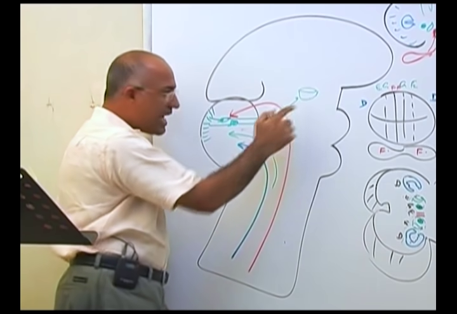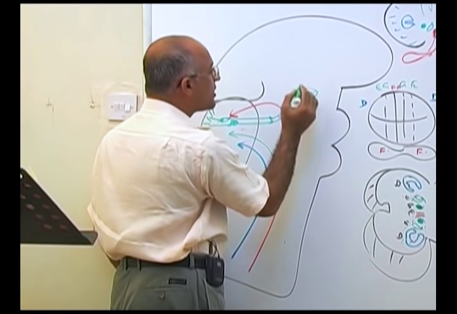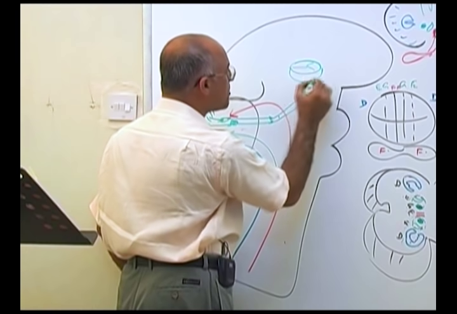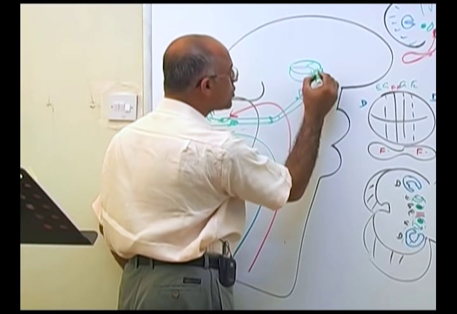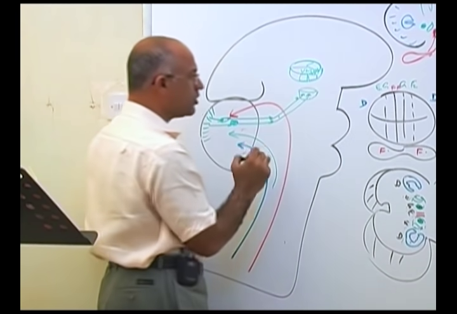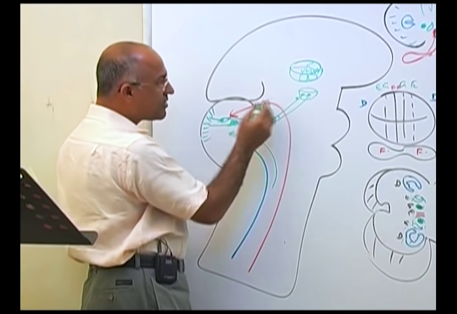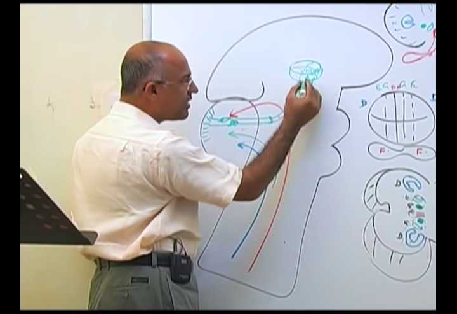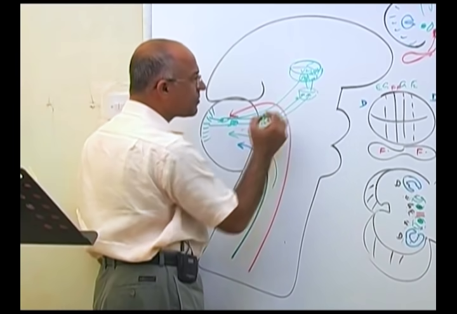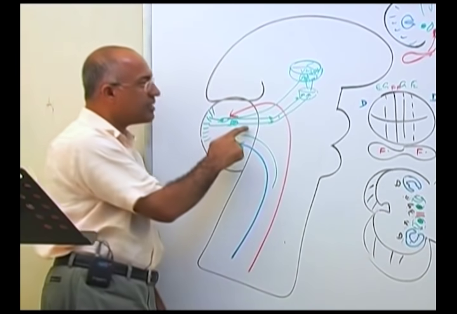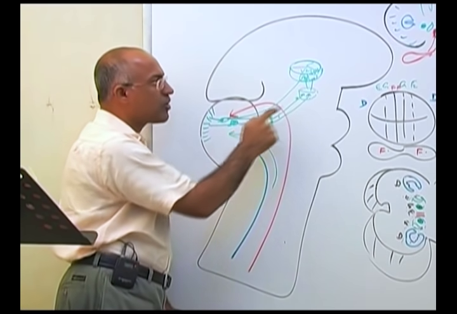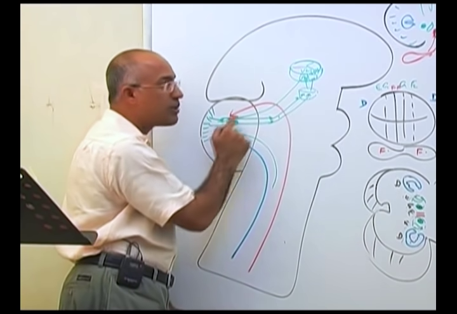Cerebello-rubral fibers, and some of these fibers go to the thalamus, the anterior nucleus and ventrolateral nucleus of thalamus, right? Some fibers go to the red nucleus, and some fibers go directly there. So how will you call them? Cerebello-rubro-thalamic fibers or cerebellothalamic fibers.